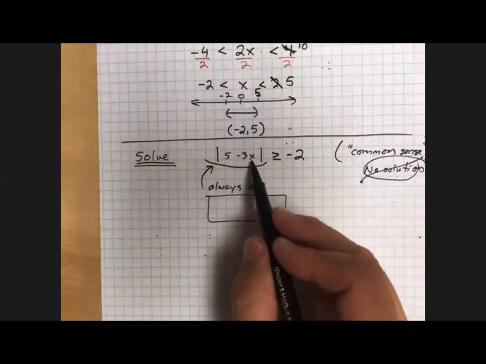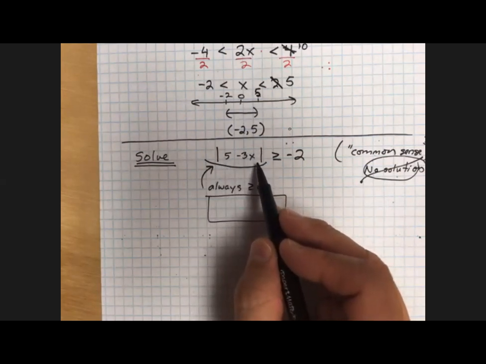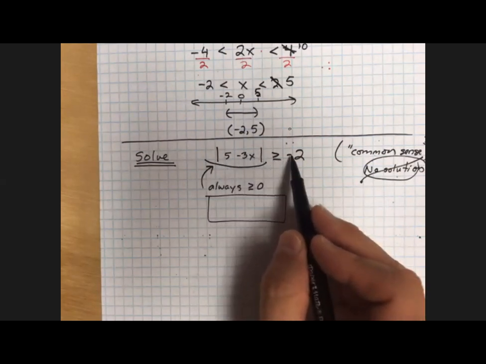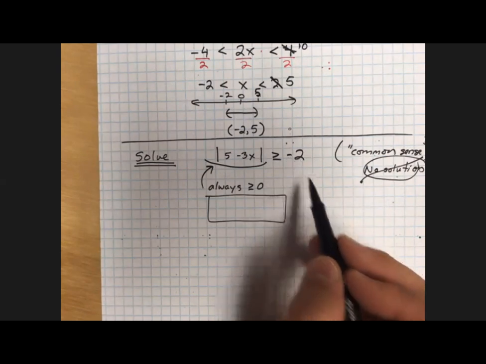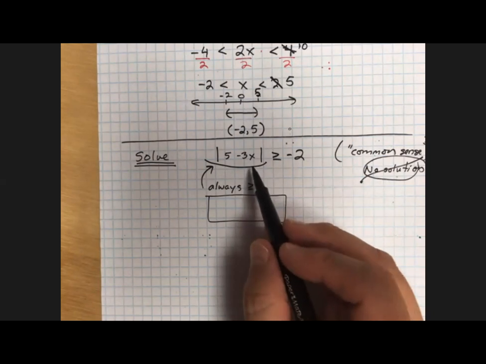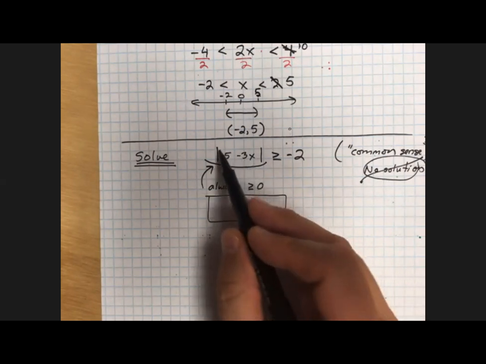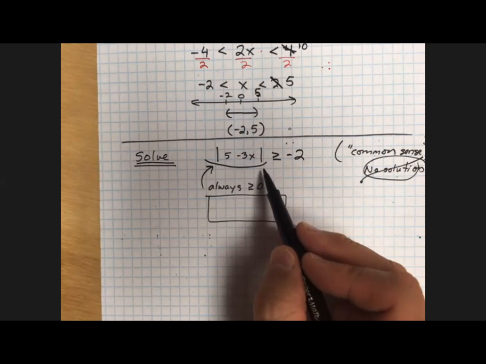Just put a 0 in there. 5 minus 0, absolute value is 5. Is 5 greater than or equal to minus 2? Yes. So 0 works. And what I'm trying to convince you of is that any number you put in there will always give you back a positive number, maybe 0.